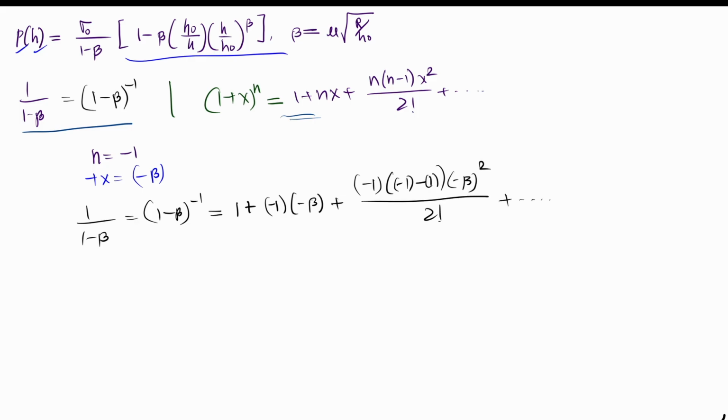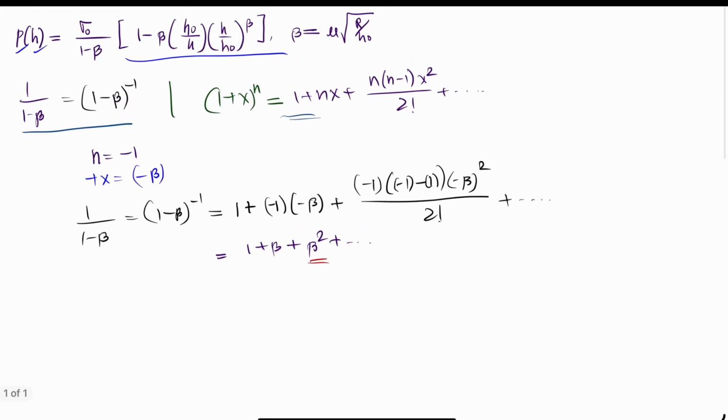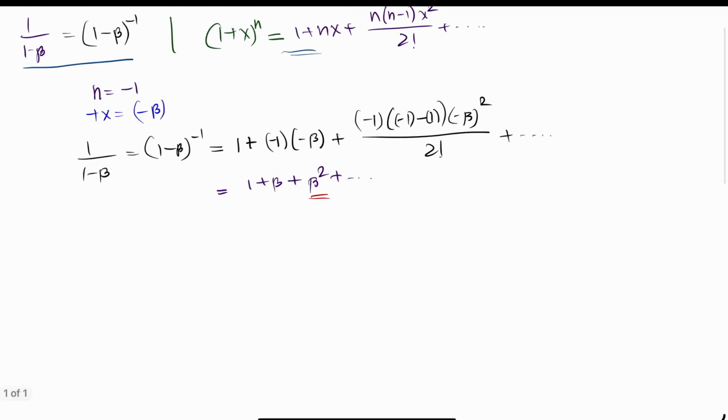I can expand this in this format, and you can see this gets around 1 plus beta plus this term, as you can see the 2 gets cancelled, so beta squared. Since beta is very small, if you ignore the higher order terms, I can approximate this as 1 plus beta. So I'm going to use this result.